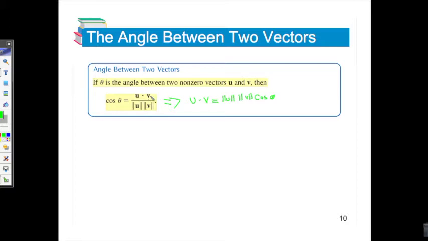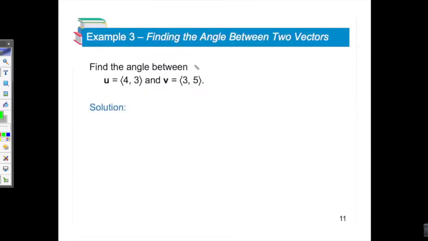I take the dot product of the two vectors, I take their magnitudes and I multiply them, and what I'm going to have is the cosine of theta equals this number on this side, right? Because the dot product yields a number, the magnitudes are both numbers, so I'll get a ratio over here, and that'll tell me, once I find the inverse cosine, what the angle is. So let's take a look at this. Finding the angle between 4,3 and 3,5.